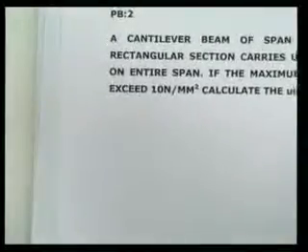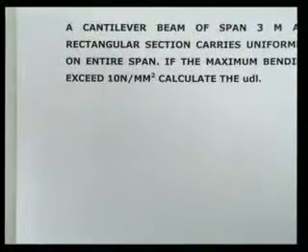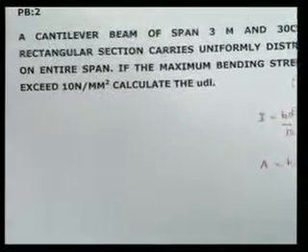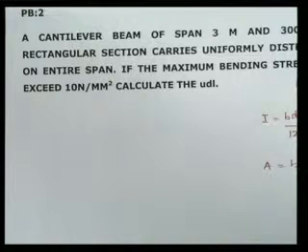So the problem given is that we have a cantilever beam, and the cantilever beam has a span of 3 meters and its dimensions are 30 centimeter by 60 centimeter. Again we can say it is a rectangular section.